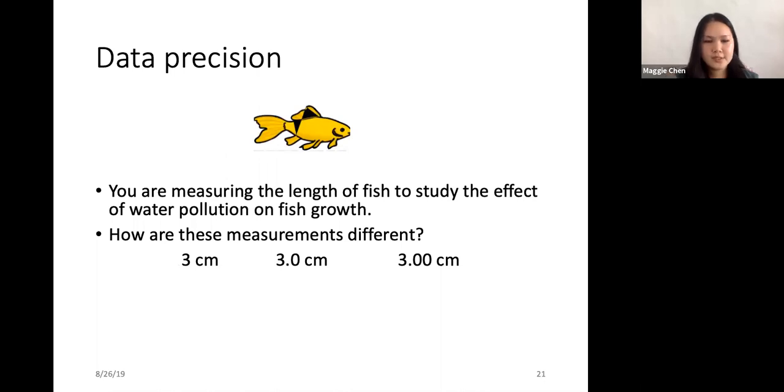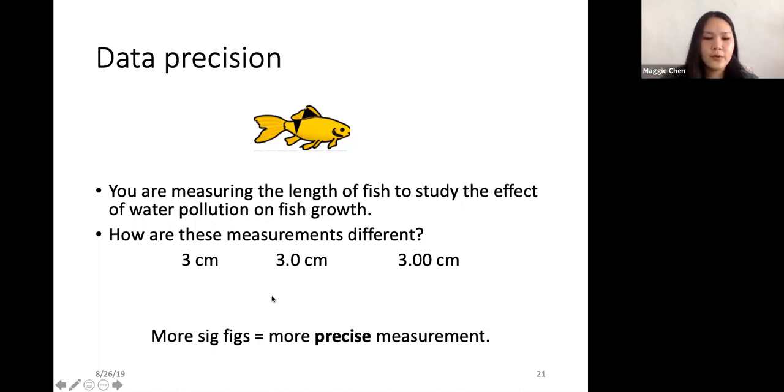So data precision. If you're measuring the length of fish to study the effects of water pollution on fish growth, how are these measurements different? If we're thinking back to sig figs, and now we're just taking it as an example of data precision, if we're given 3 centimeters, 3.0 centimeters, and 3.00 centimeters, we can remember that precision is based on the amount of detail or the amount of information given to us.